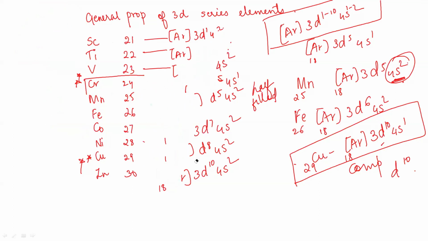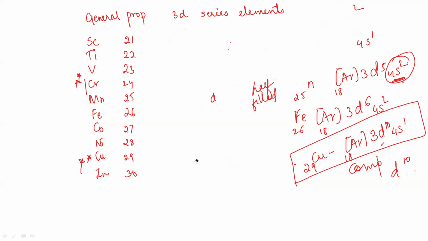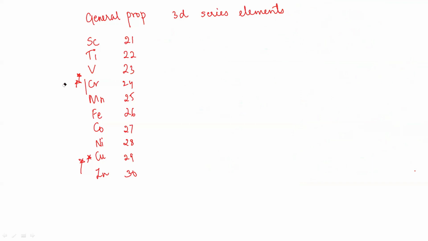Let me clear this electronic configuration and keep just the elements. It is the minimum amount of energy required to remove an electron from an isolated gaseous atom. This is the ionization enthalpy or ionization energy.